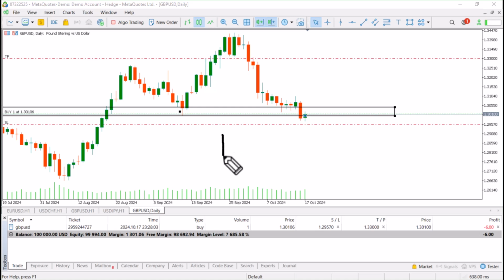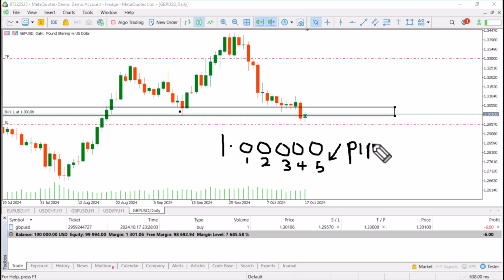Now we have 1.00000. The decimals right here are 5: 1, 2, 3, 4, 5. The last one here is the pipette, and the fourth one is the pip.